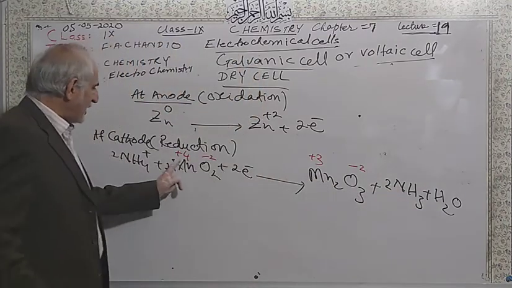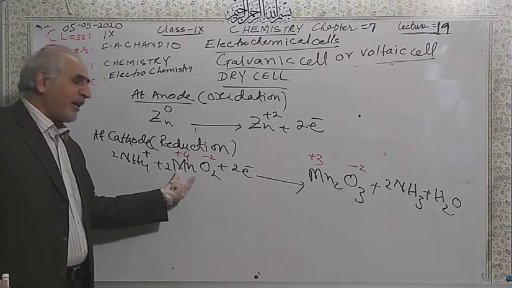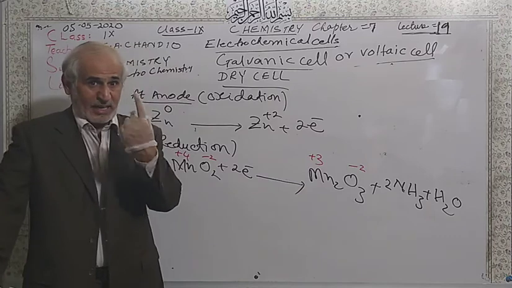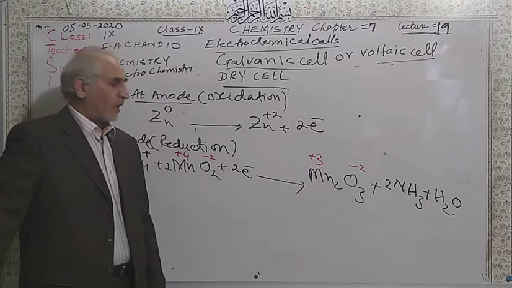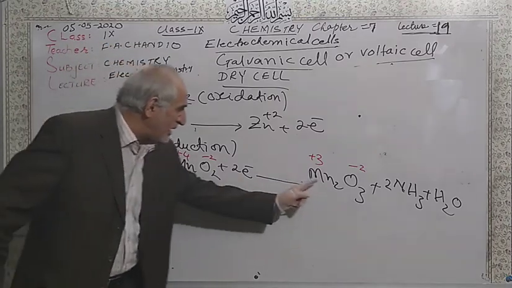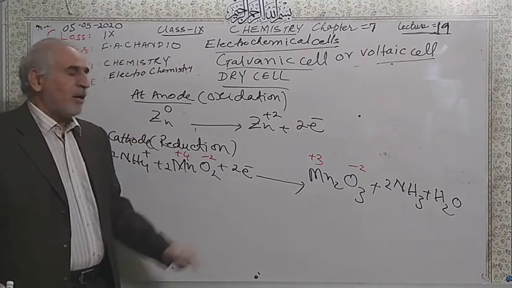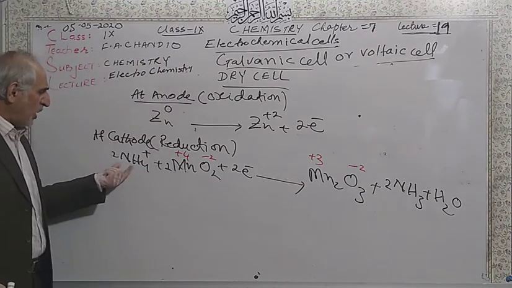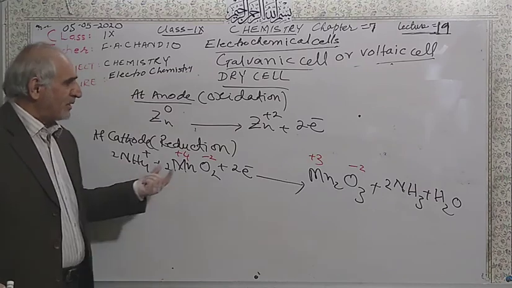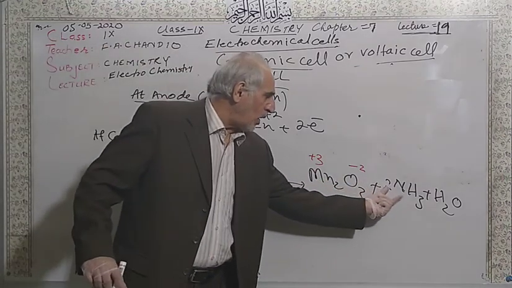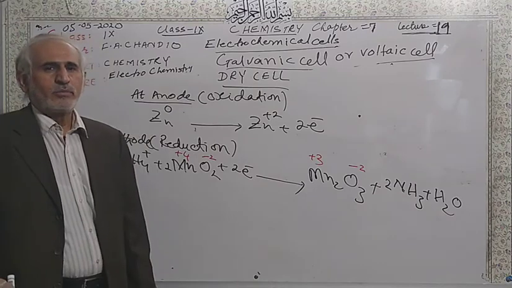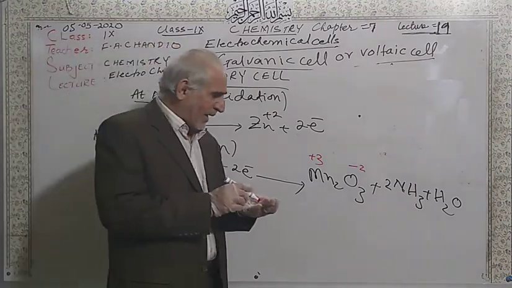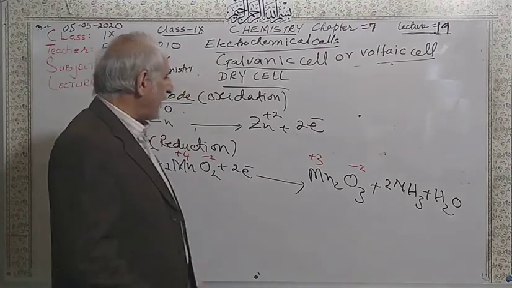Only the manganese changes from positive 4 to positive 3. This is the gain of 1 electron, reduction. But there are 2 manganese here, so that's reduction of 2 electrons. The ammonium ion changes into ammonia gas.